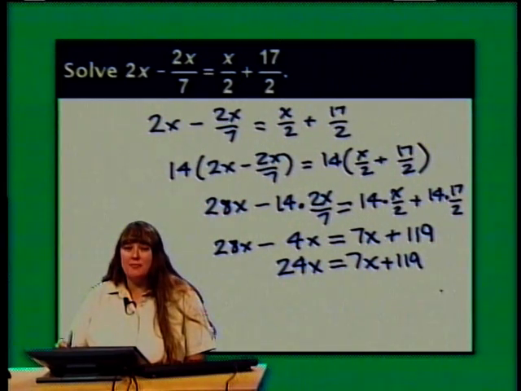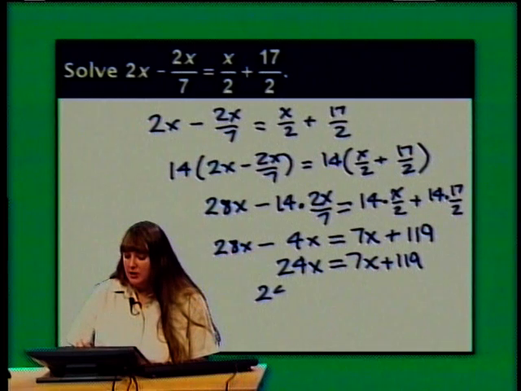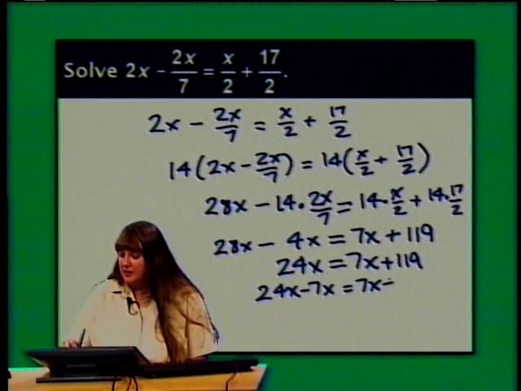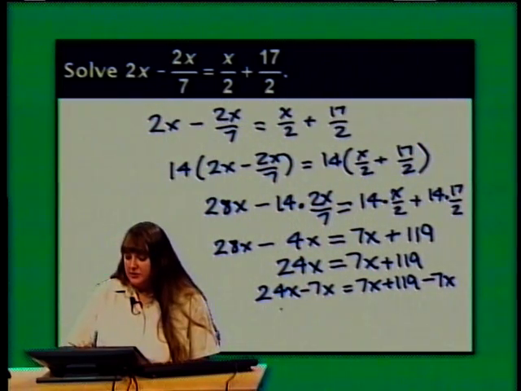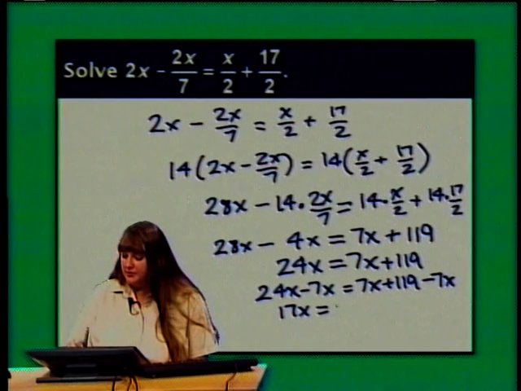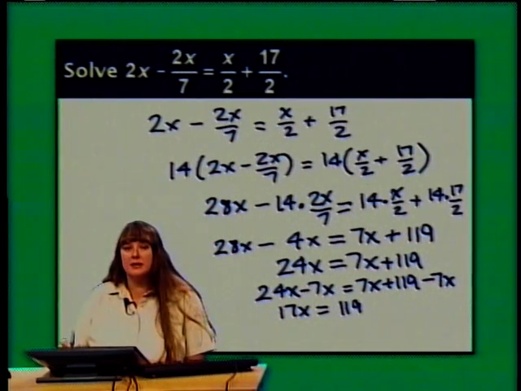I want to isolate my variable terms on the left-hand side, so I'm going to subtract 7x from both sides of this equation. 24x minus 7x equals 7x plus 119 minus 7x. So this is 17x equals 119.